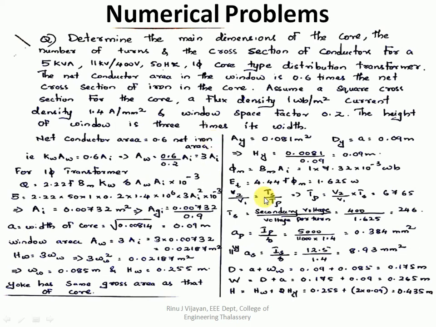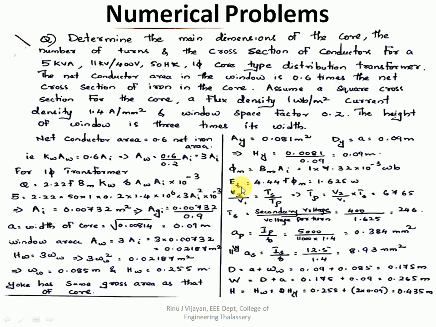Just like in the previous case, we can easily find the number of turns by using the transformation ratio, that is the number of turns in the primary winding as well as the secondary winding. In this problem, the value of volt per turn is not given directly, so first you have to find that, then only you will be able to find TP and TS.